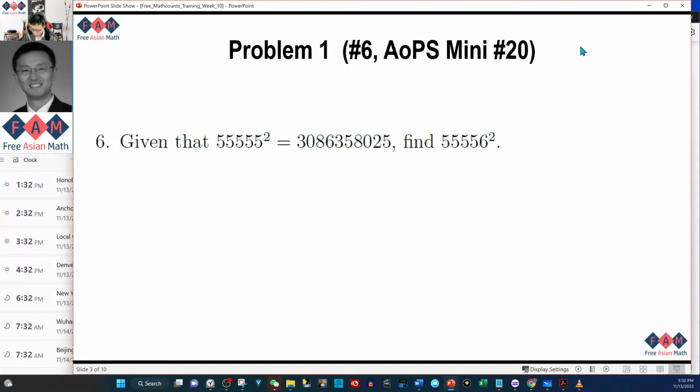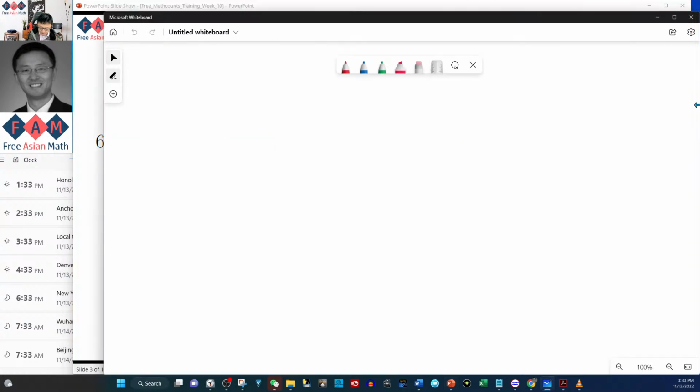Well, that's quite obvious, because if you want to evaluate 55556 squared, you already know the square of the number that is immediately before it. So how do we make the connection between the two?